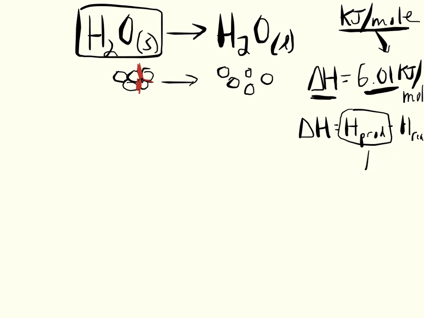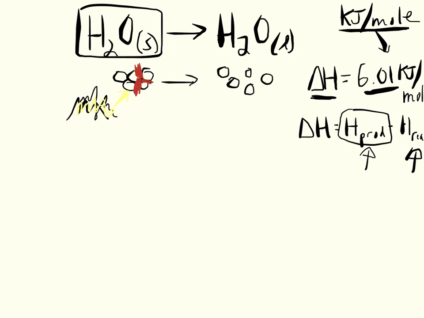There must be more heat in the end than there was in the beginning. And that makes sense, because these bonds, as we said, are not going to break by themselves. There has to be some heat added, some energy added, in order for these bonds to break. Some energy has to come in.